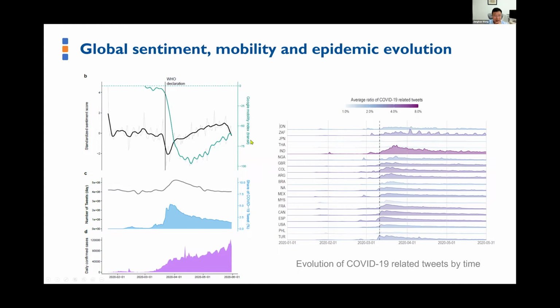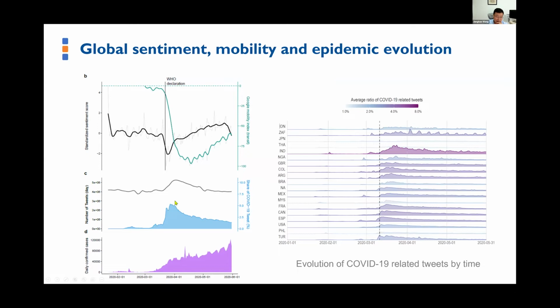We only show transit here. You can see that after WHO announced COVID as a global pandemic, mobility significantly decreased, followed by a decrease of sentiment over time.